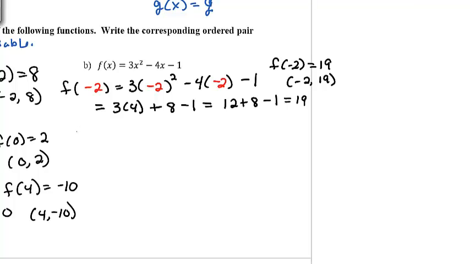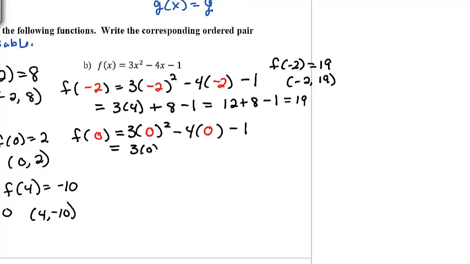Next, we want to find f of 0. So again, we're going to write down our shell. So that's 3, an empty parentheses squared, minus 4 times an empty parentheses minus 1. And then in the empty parentheses, we're going to put a 0. And what do we get here? Well, 0 squared is 0, times 3 is 0.